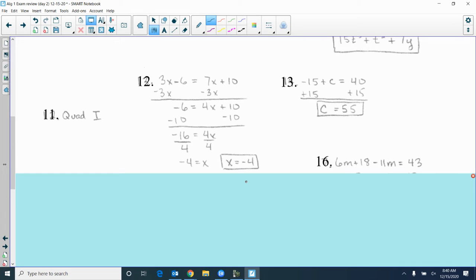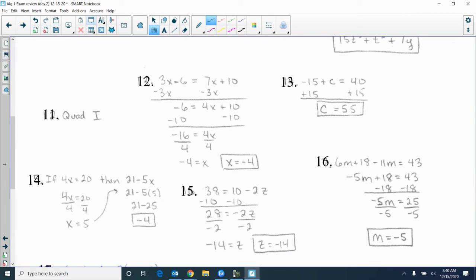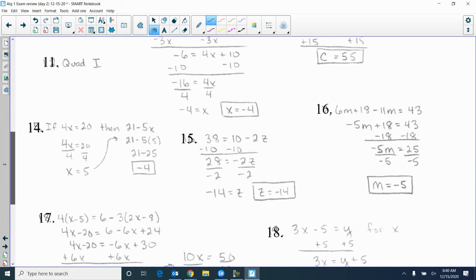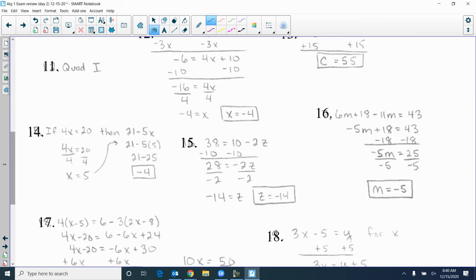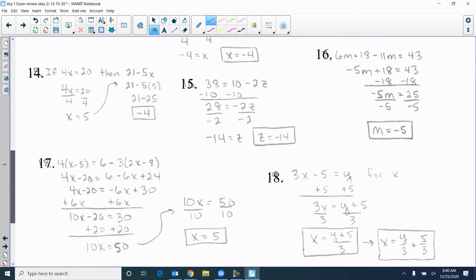You should get x equals negative 4 for this one. 13, c equals 15.55. 14's down here. 14, you should get x equals 5, but to answer that, you should end up with negative 4. 15 is z equals negative 14. 16 is negative 5.